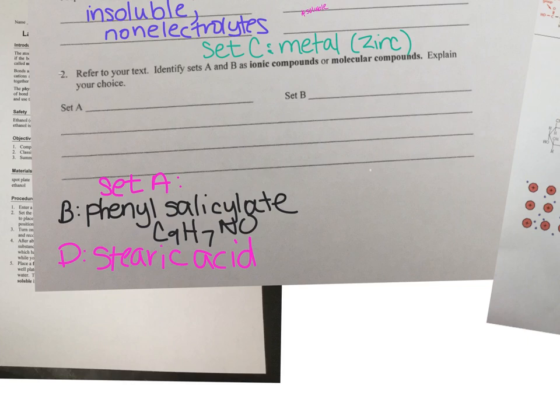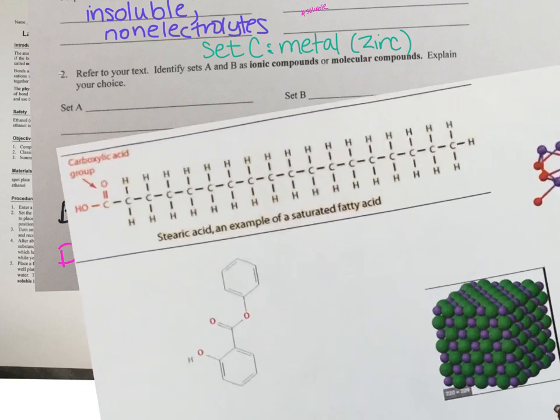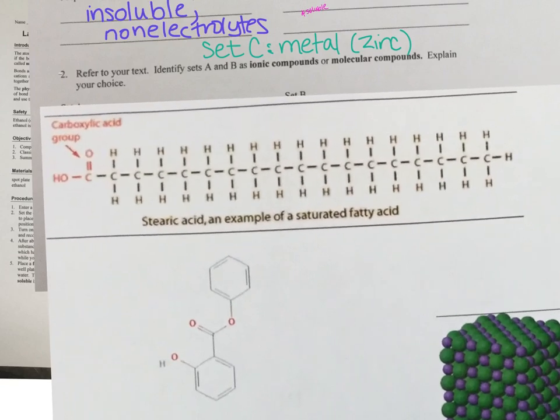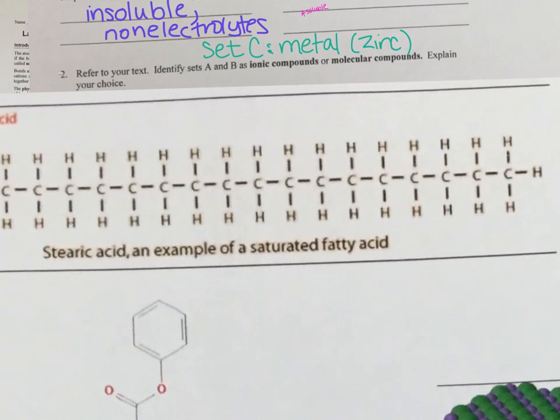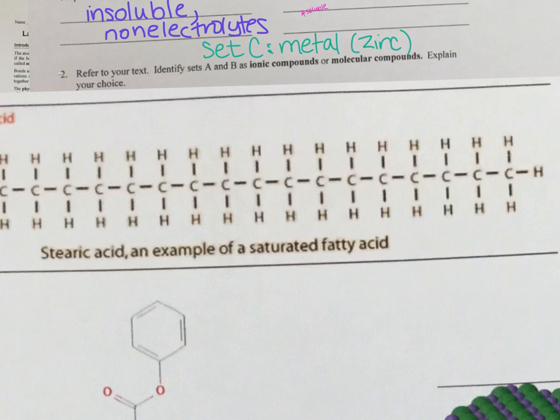But this compound right here, let me show you what that picture looks like so you can get an idea, is this one. Do you see this big chain of carbons? Lots of them, okay? And then just some oxygens and some hydrogens, or a ton of hydrogens, right?